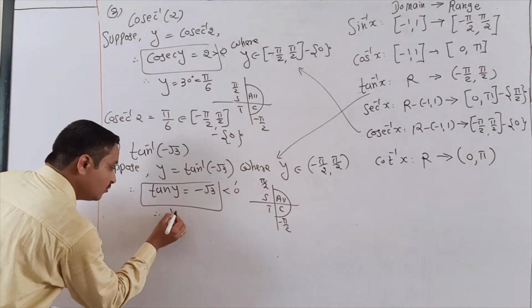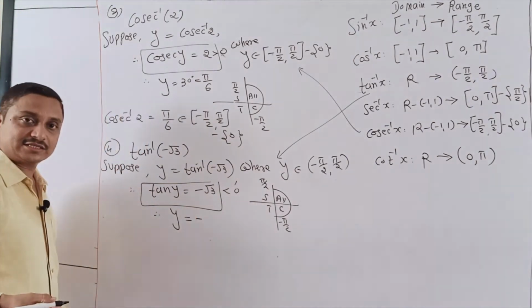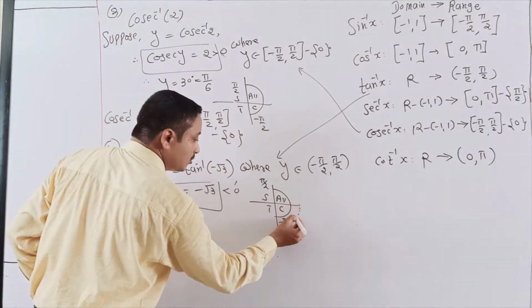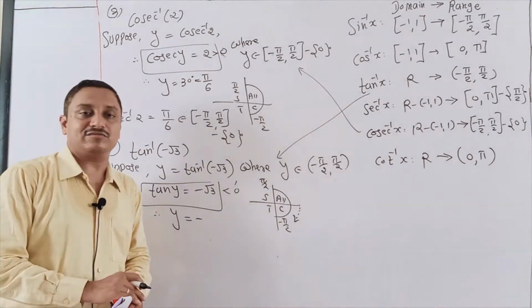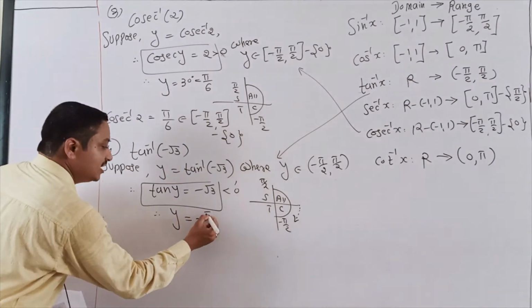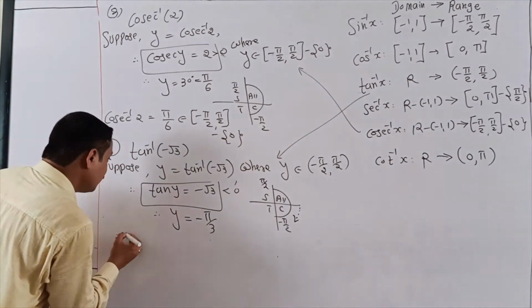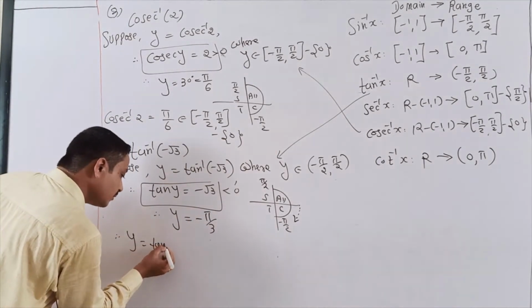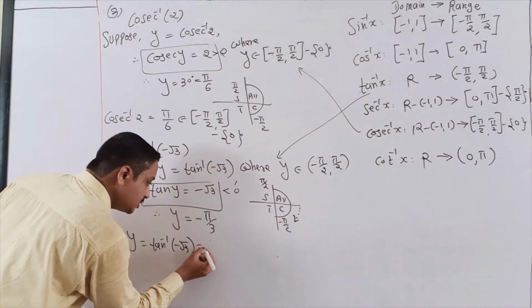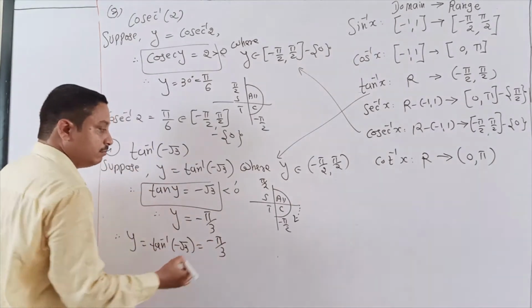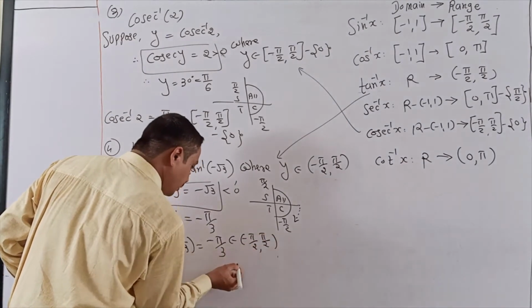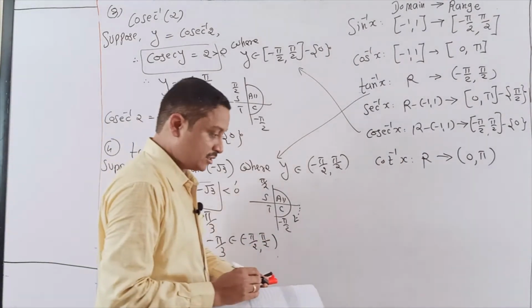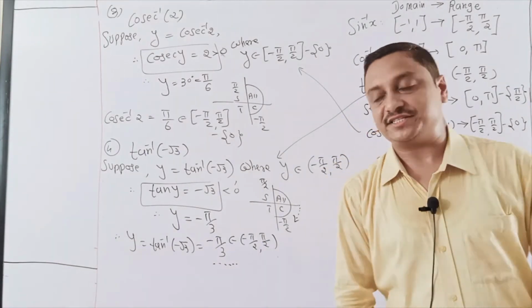The fourth quadrant has negative angles because of clockwise rotation. And where is tan root 3? Yes, tan 30 is 1 by root 3, and here it is 60 degrees, pi by 3. So finally, tan inverse of minus root 3 is minus pi by 3, which belongs to your range minus pi by 2 to pi by 2. That's your easy answer.